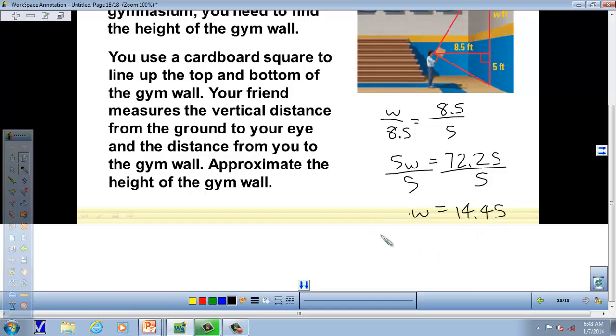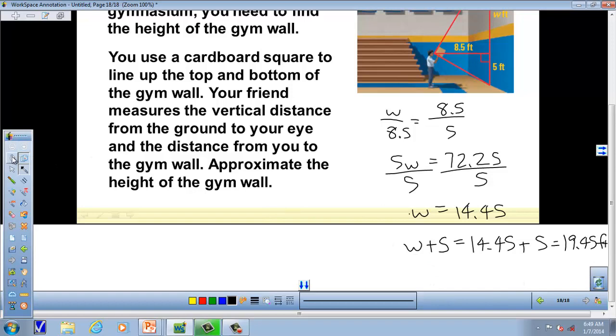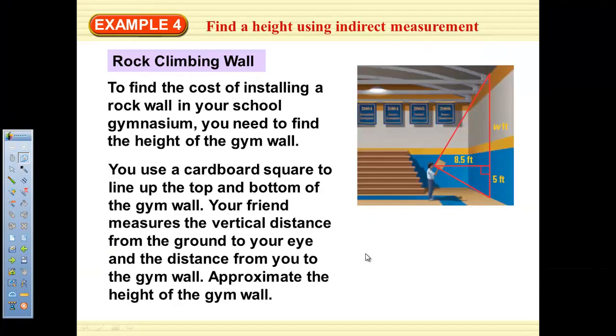Now we know the whole distance would be W plus 5, so that gives us 14.45 plus 5, which gives us 19.45 feet. I think in the book they round it, but I'm not going to round it. That's totally doable there. Okay.